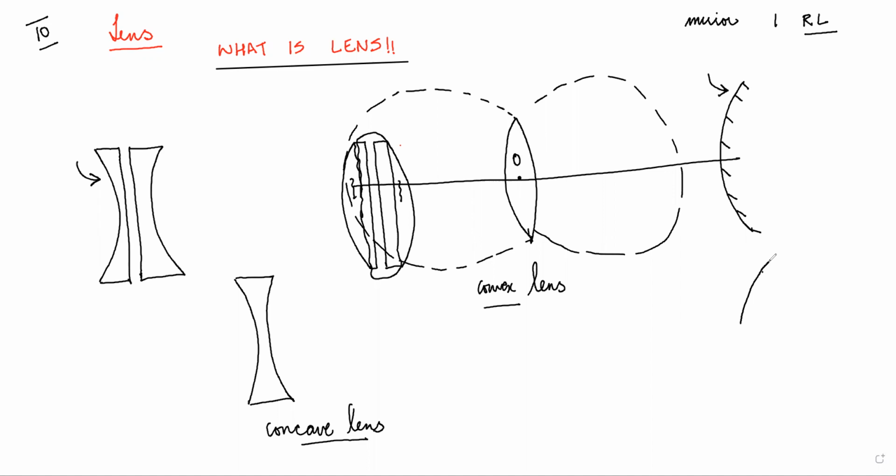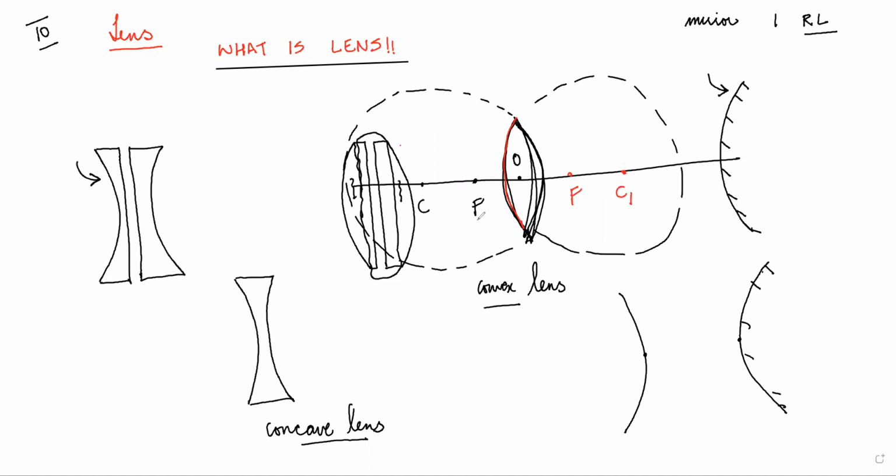If you remember, in a convex mirror we used to call it the pole, and the pole was actually on the mirror. Whether it was a concave mirror or convex, the pole was on the mirror, but the optical center is not on the lens, it's inside the lens. Beautiful. Now this convex mirror has its focus and center of curvature, and this one has its own focus and center of curvature.